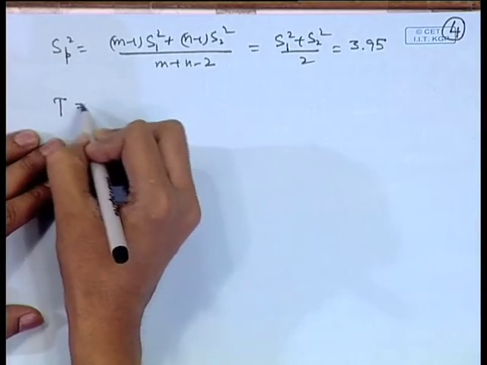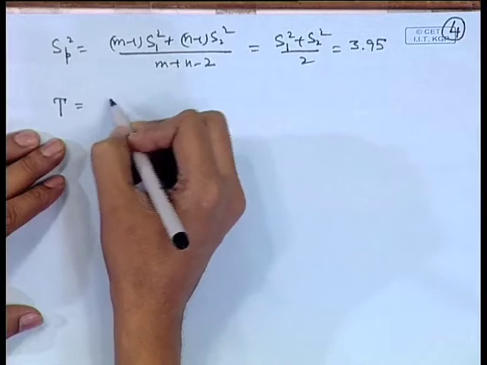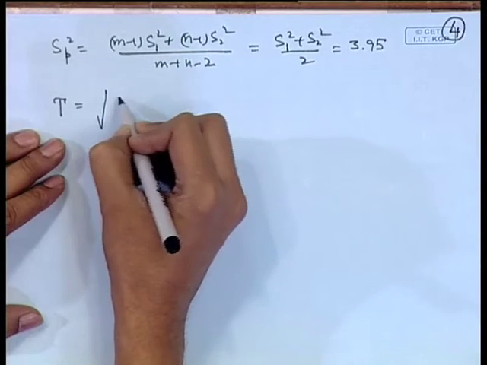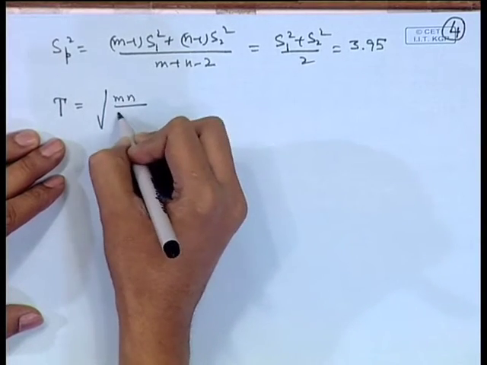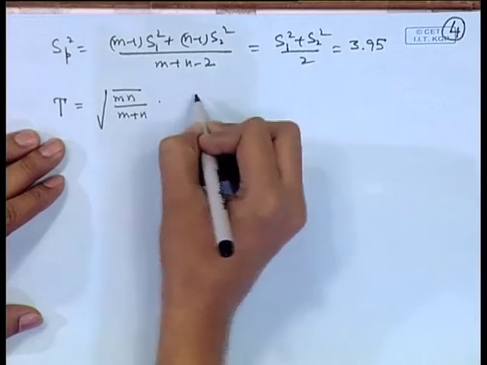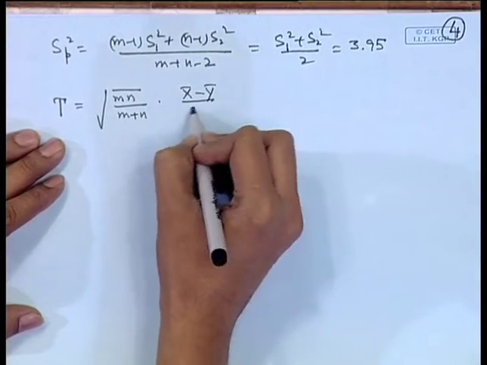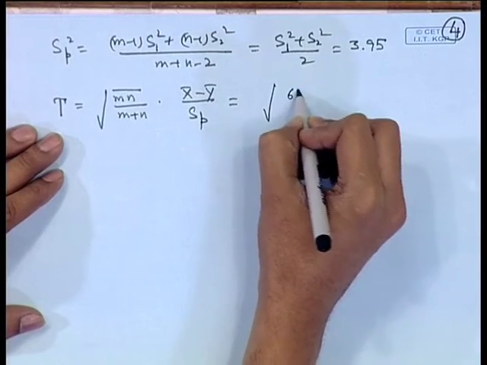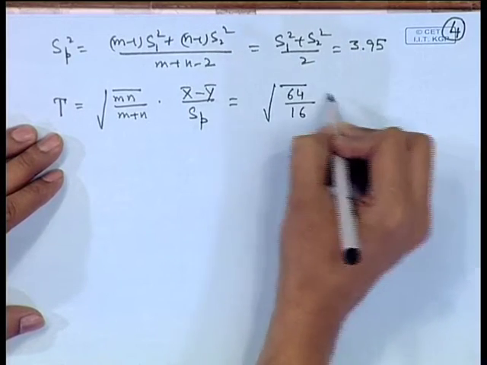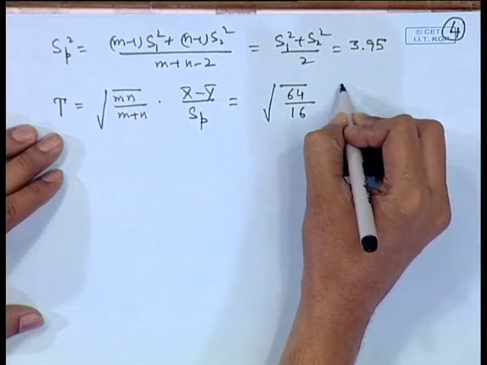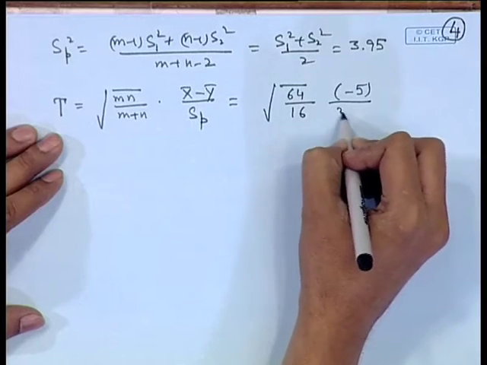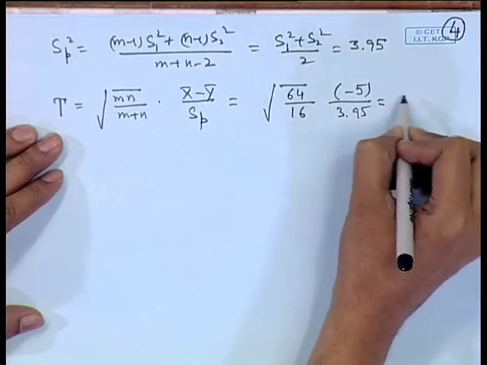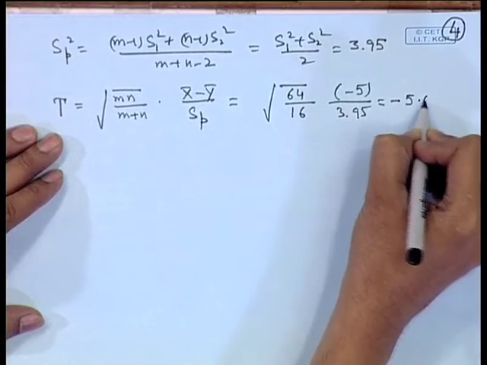So, the formula for the pooled test statistic here is square root of mn by m plus n, times x bar minus y bar by Sp, that is square root of 64 divided by 16, and this is minus 5 divided by 3.95. That value turns out to be minus 5.032.